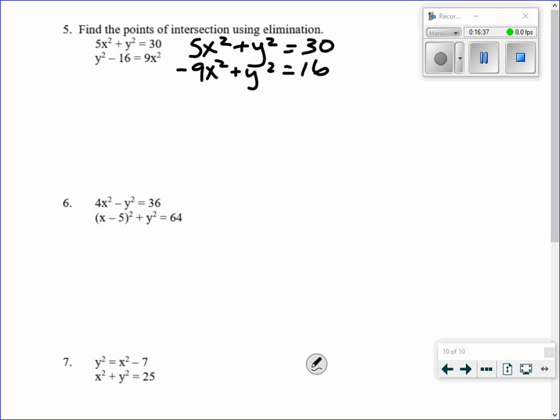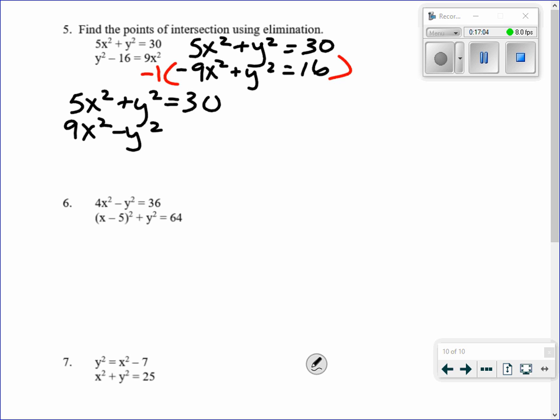No, so we have to do something to make them equal to 0. Does anybody have any ideas? Multiply one of the equations by -1. That would eliminate what variable? Y. So let's multiply our second equation by -1. So we have 9x squared minus y squared equals -16.